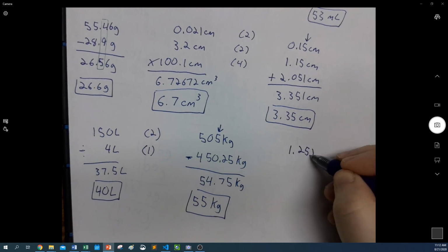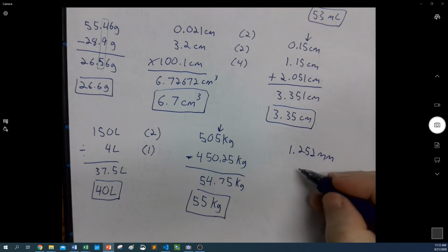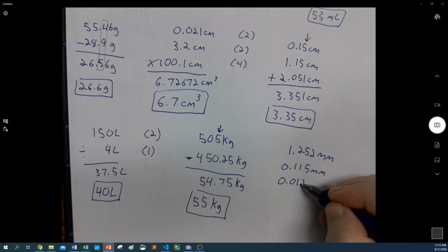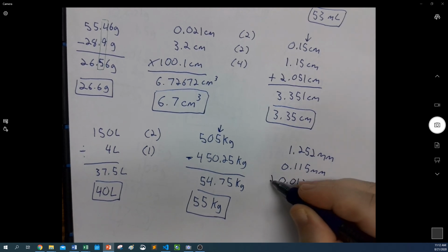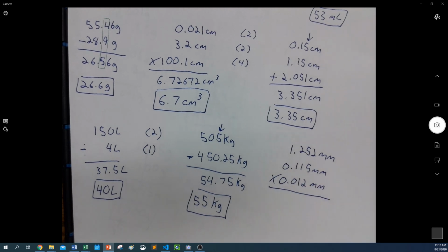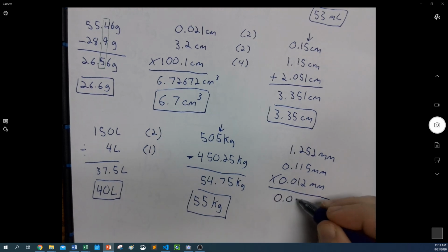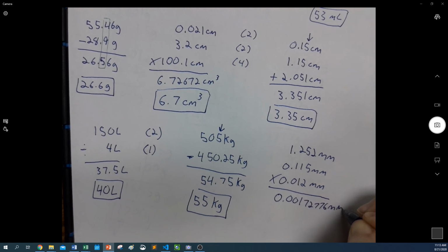1.252 millimeters, 0.115 millimeters, 0.012 millimeters. All this is being multiplied. That'd be equal to 0.001727776 millimeters.